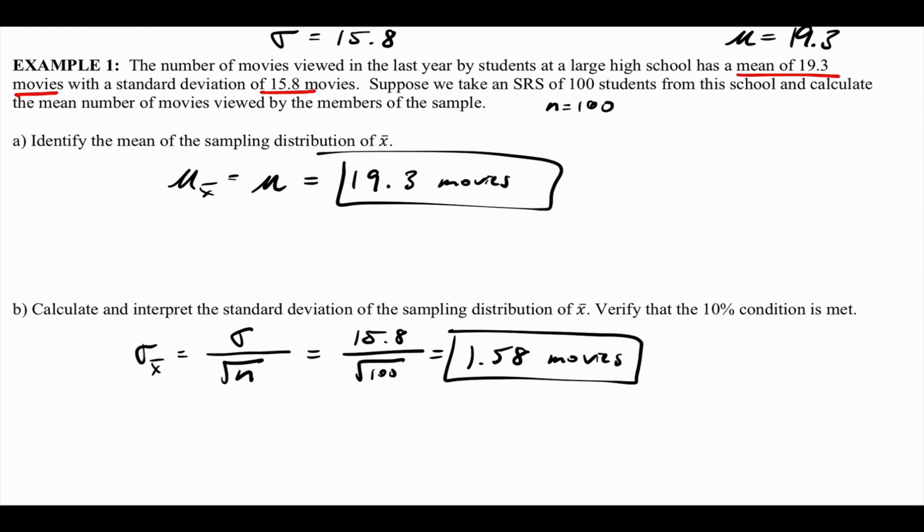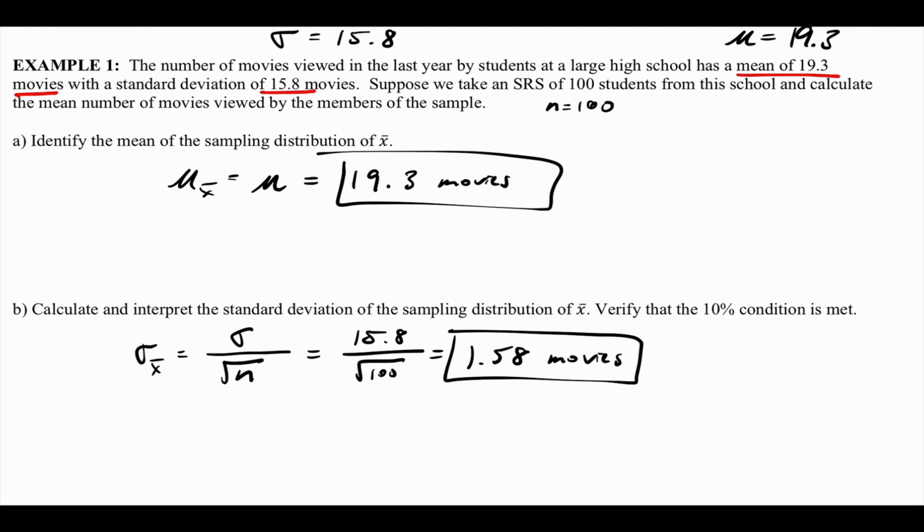So the population standard deviation versus the sample standard deviation: which one is bigger? The population is bigger, right? It's 15.8 versus 1.58.